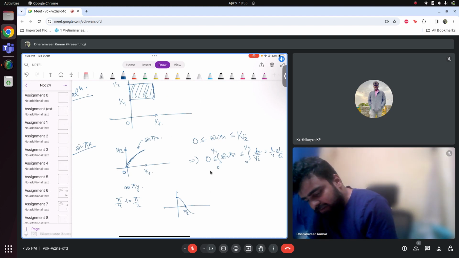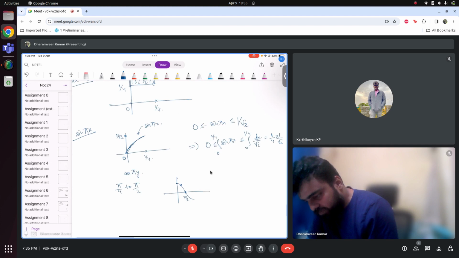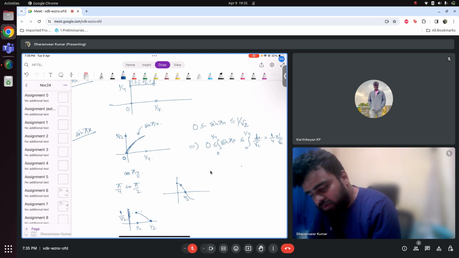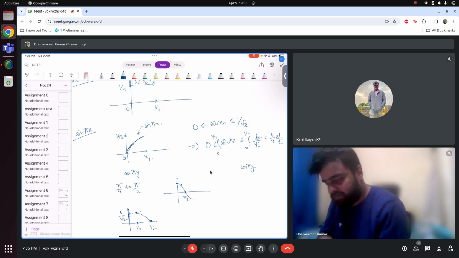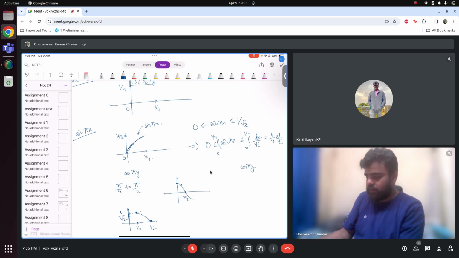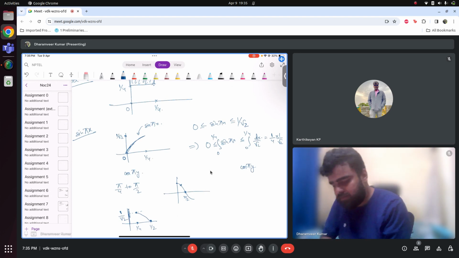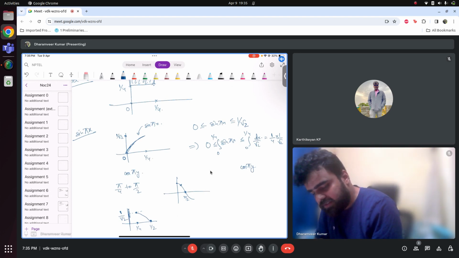So from pi by 4 to pi by 2, at pi by 4, it is also 1 by root 2. So cos pi y is a decreasing function, but still this is the case.